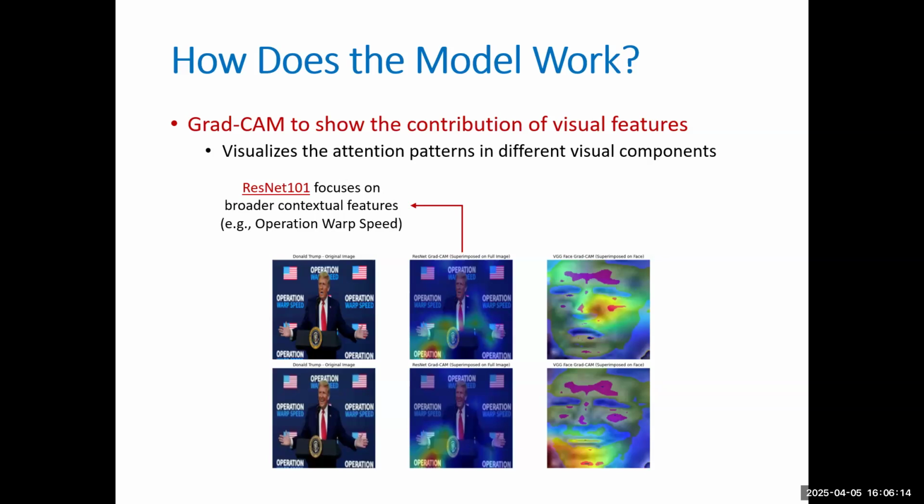This is the event that it captures the information for. And then when you look at the facial features, you see that in this case it clearly captures the smiley component. So this is just a piece of evidence that it passes some sanity checks, that it takes the contextual features as well as the facial features.